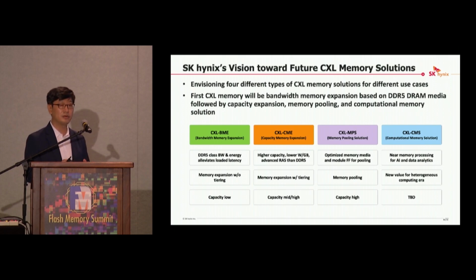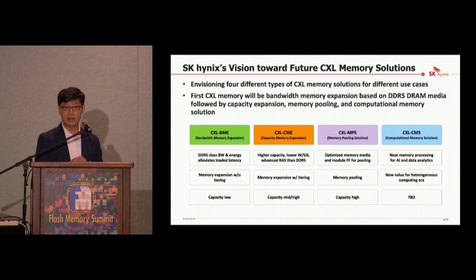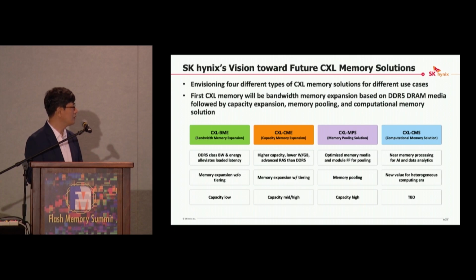So in other words, from the SoC point of view, it's regarded as flat memory. On the other hand, CME is a memory expansion with tiering, which means now the software has to be aware that it has a second tier. And to some extent, this allows the second tier to hide behind the first tier, and thereby the second tier can have slightly lower bandwidth and longer latency.